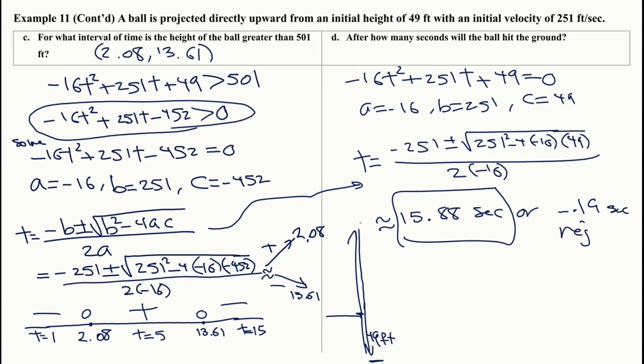This one we reject. Okay? So basically this ball, or this projectile, whatever it may be, well, it's a ball in this case, is going to take about 15.88 seconds after it's projected upward to hit the ground. I guess you can think of that's why it can just roll off of here quickly and go, because it's round. All right, so that's how you do that one. Make sure you can handle that, and we'll proceed.